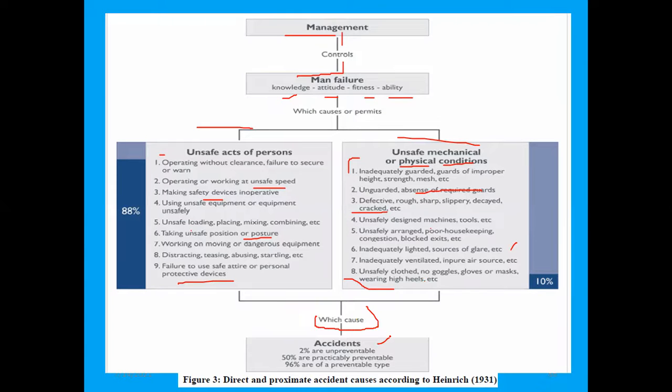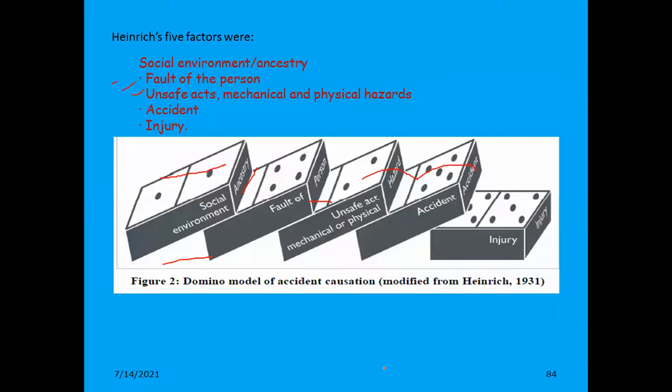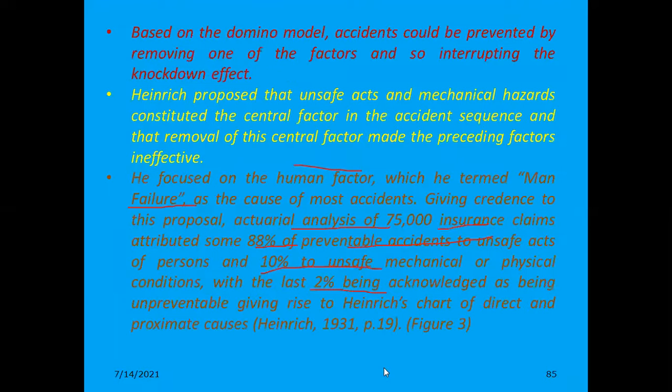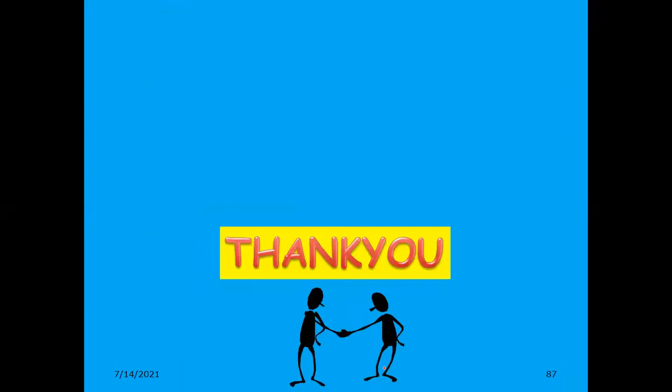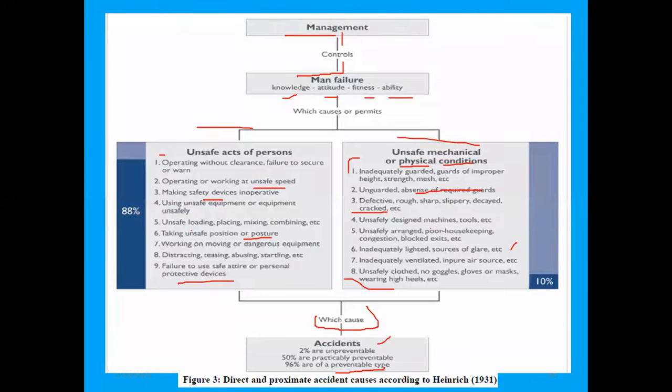2% are unpredictable, 98% are practically preventable. This is the concept of the domino sequence, which can occur in any part of a factory, organization, office or firm.